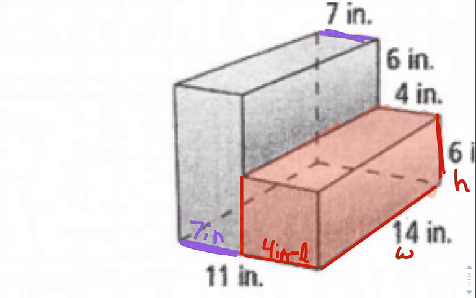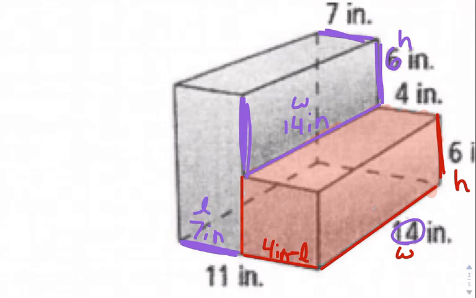Now the width would be this line here. This line here is 14 inches, and I know that from down here, this width. Lastly, the height. The height is this part, or this part, and I see that it's also 6 inches. So here's my width, here's my length.